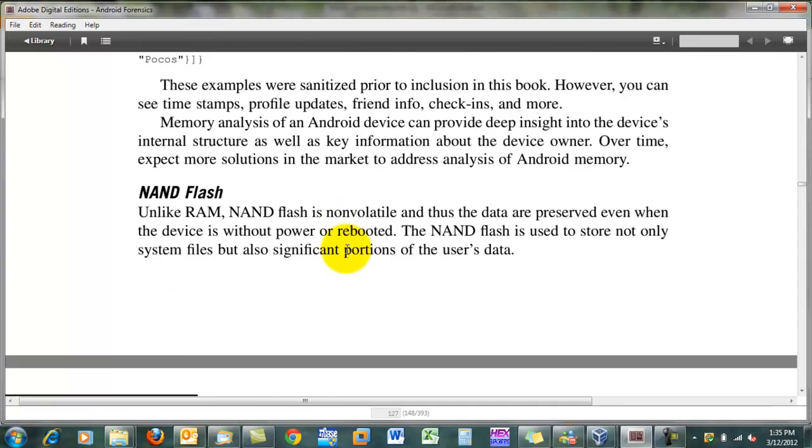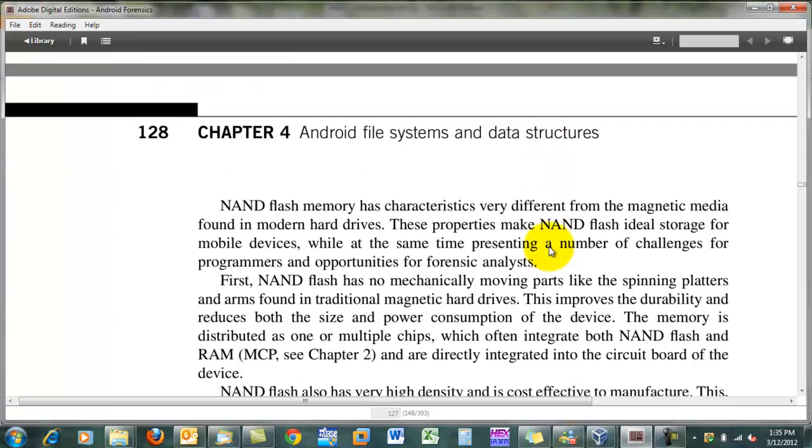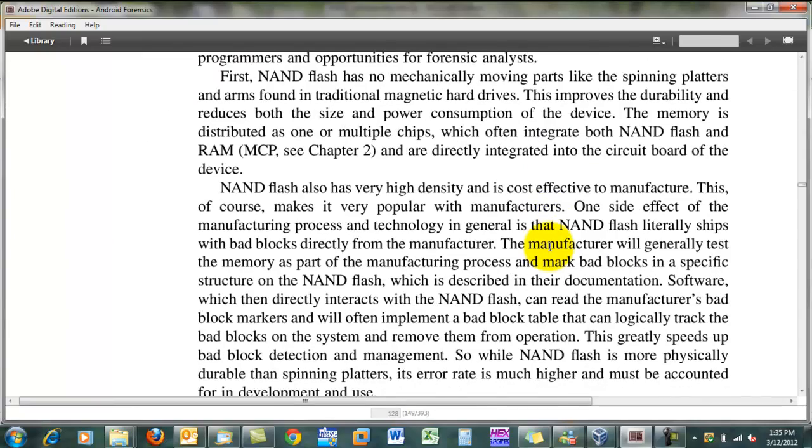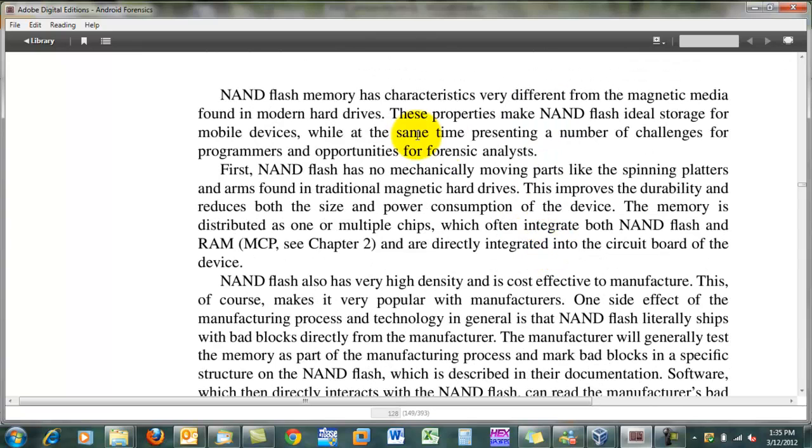As for the second one, which is the NAND flash, which is considered non-volatile, that means that when the Android is powered off, the data will be safe and will not be lost. This NAND flash has different characteristics compared to a magnetic disk.